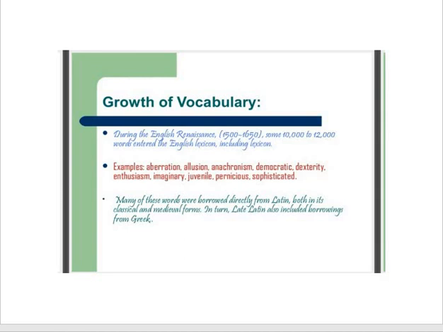The discoveries of astronomers and explorers were being made, and I have discussed the growth of vocabulary as well. There were some racial and cultural developments as well during the Renaissance period.